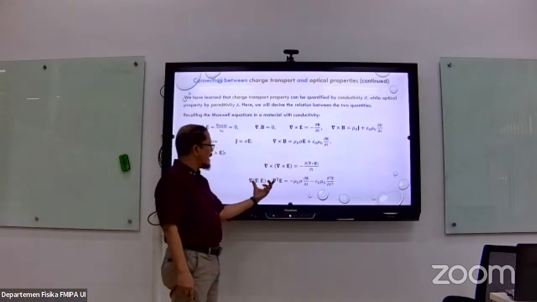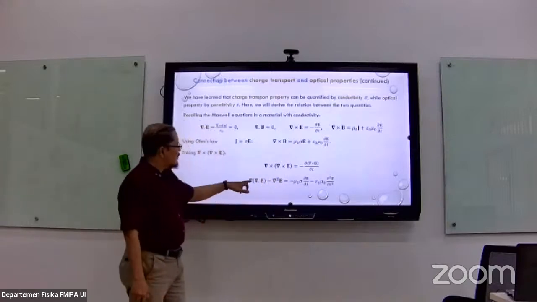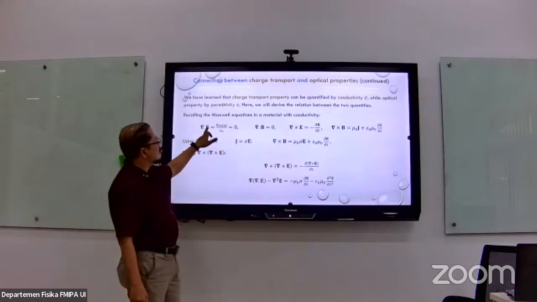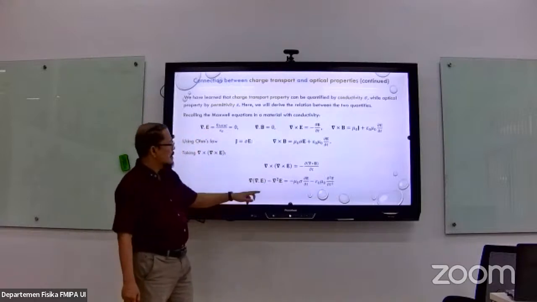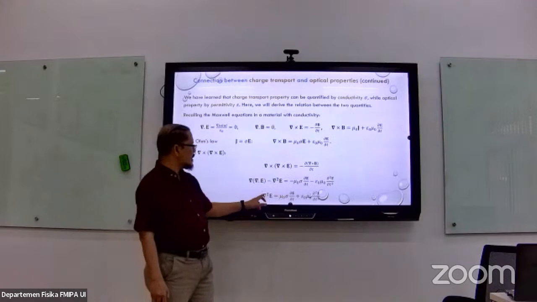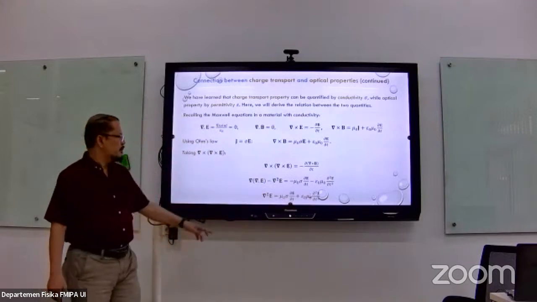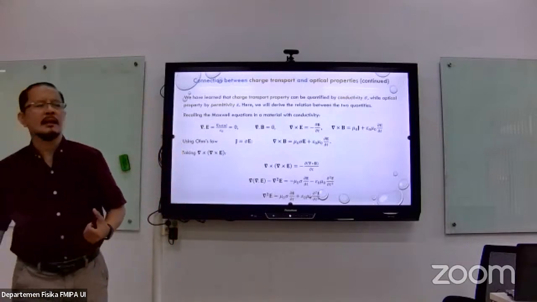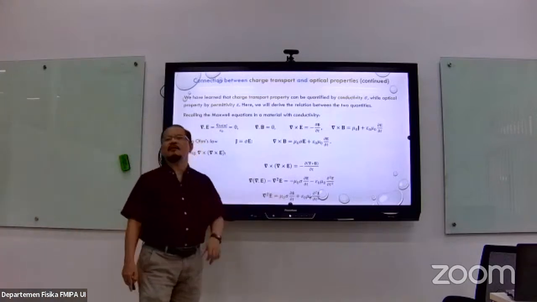So the left hand side has two terms, but the first term is actually just zero because of the first Maxwell equation. So we are left with the second term. Okay. So finally, this is what we get. This is the differential equation of light in a material that has conductivity.